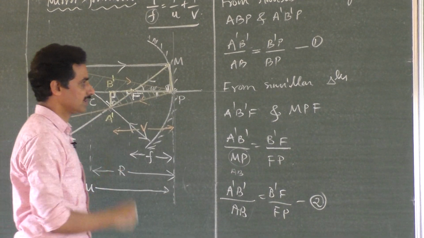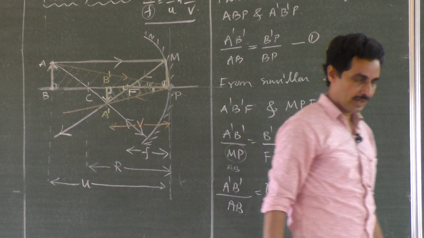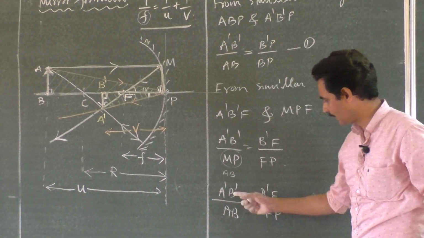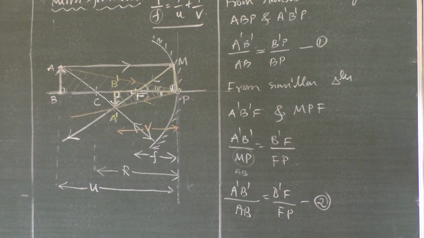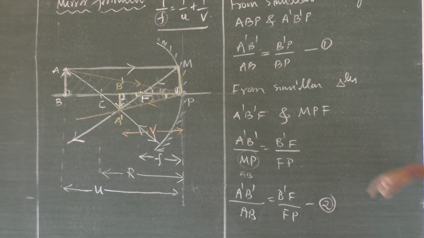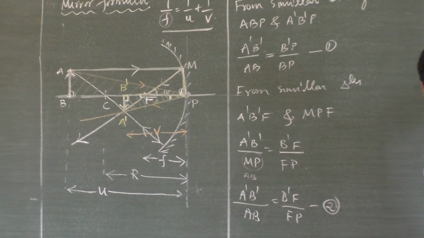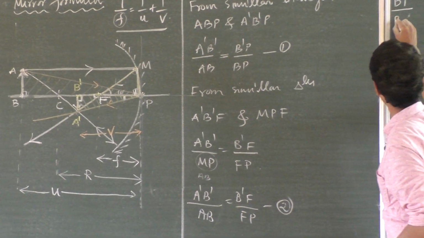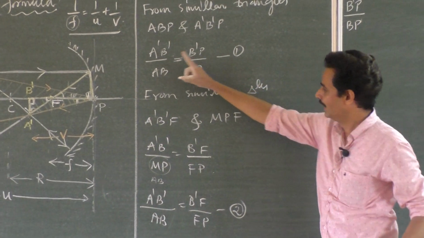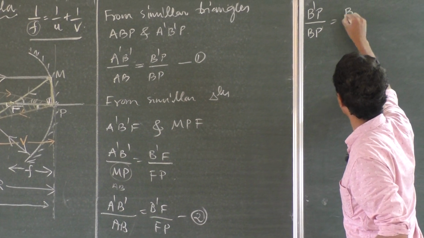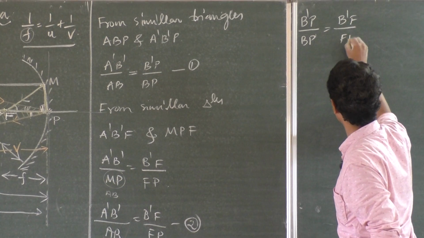Now see equations 1 and 2. The left hand sides are the same, A dash B dash by AB. So the right hand sides should be the same. So from these two we get B dash P by BP equals B dash F by FP.